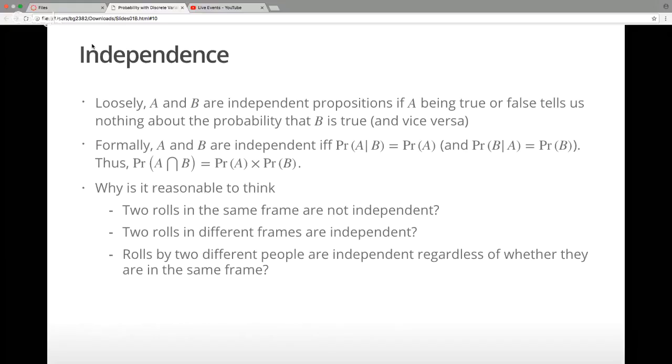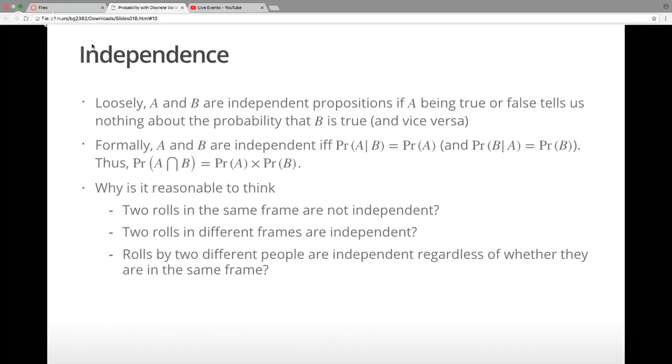But why might it be reasonable to say two rolls, let's say the first roll in two different frames of bowling, are independent of each other? Yes. Correct. So they tee up 10 pins for you, regardless of what happens in the past or how much money you pay them or anything like that. There's always going to be 10.